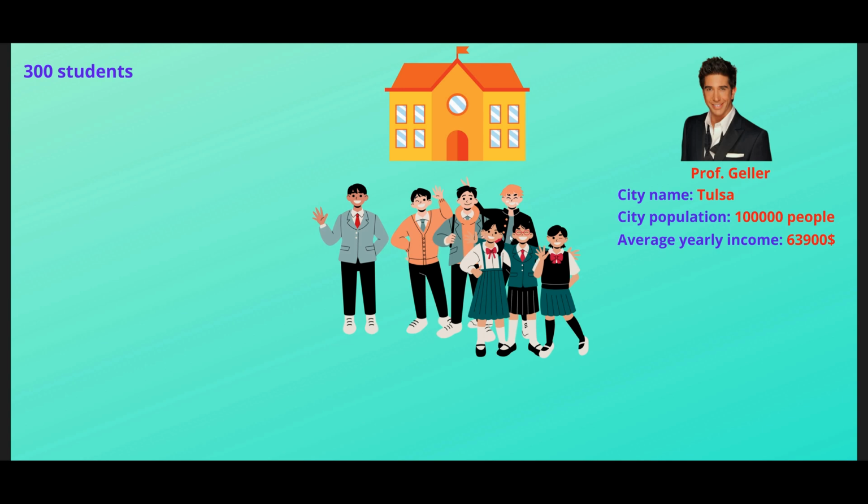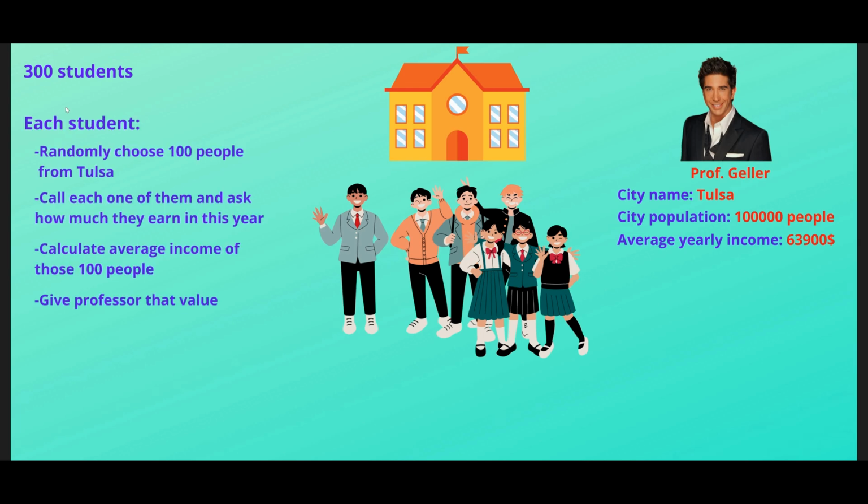And he wants every one of his students to test if this value is a true value. So every one of his 300 students has to randomly choose 100 people from Tulsa, call each one of them and ask how much they earn, and take the average of their values. And they should get a value around $64,000.